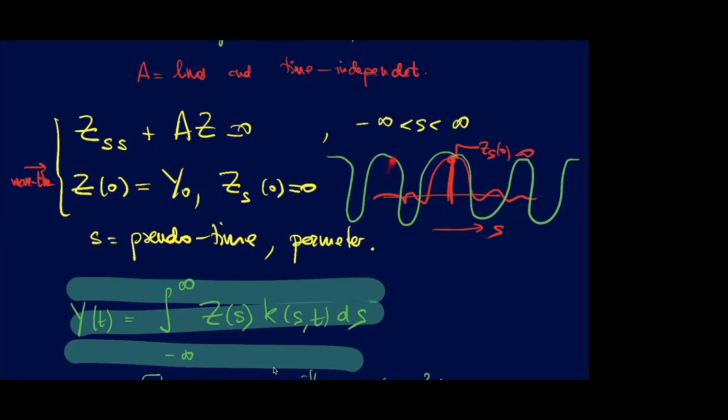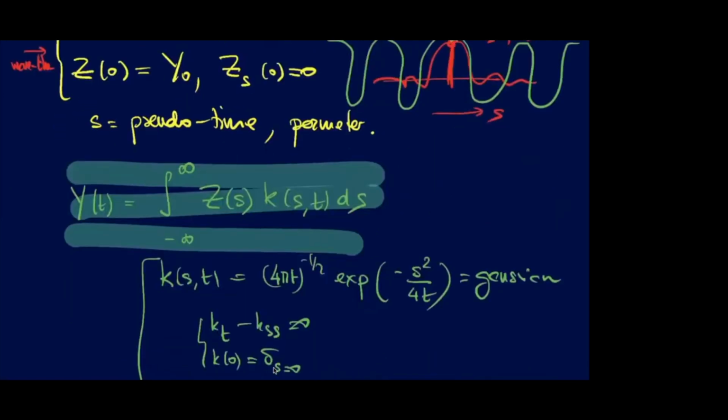So it will be an oscillatory pattern in which z of s will not decay as s goes to infinity. So you have to be careful about the integrability of this function. But you say, this is multiplied by k. At any t, k, which depends on s, is this Gaussian function, right?